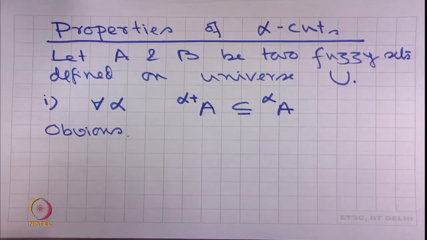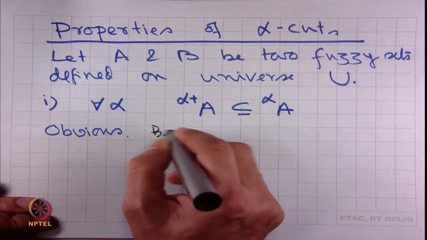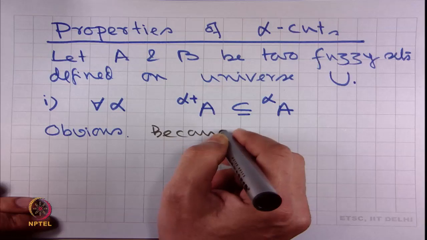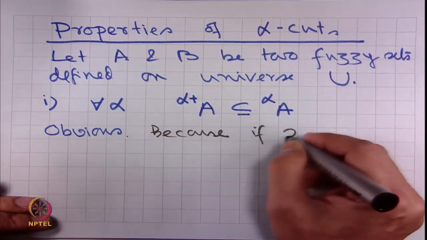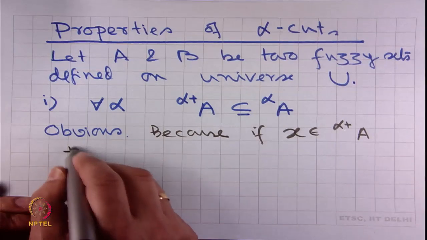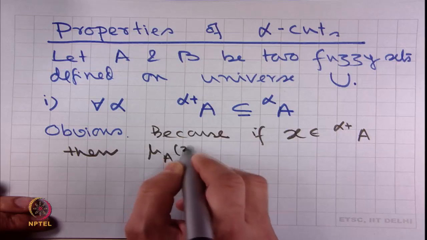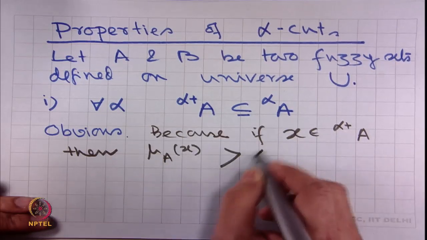Why? Because if x belongs to alpha plus of A, then mu A of x is strictly greater than alpha.